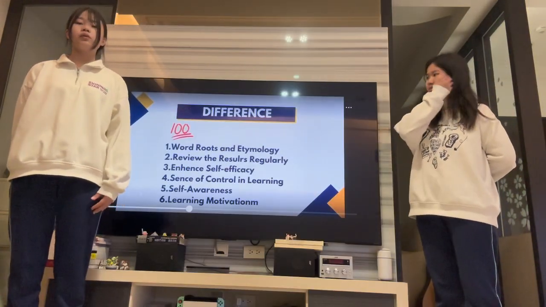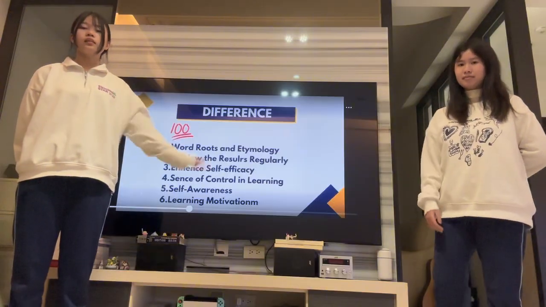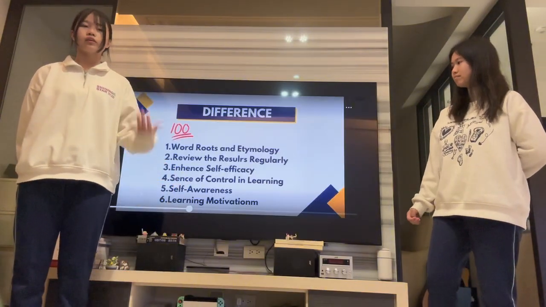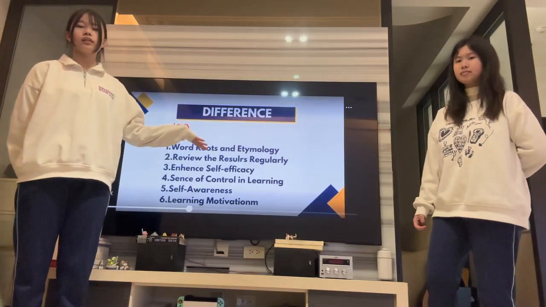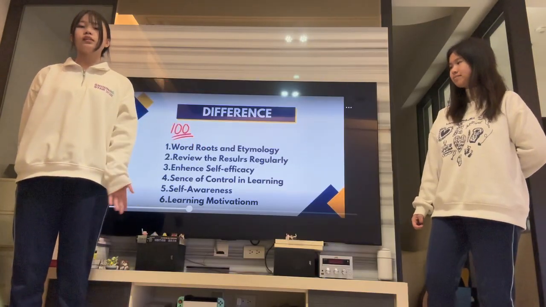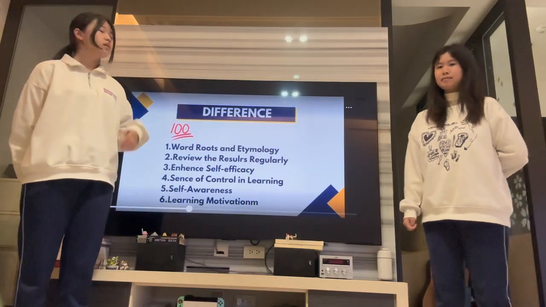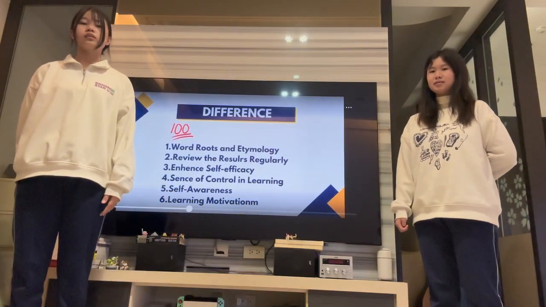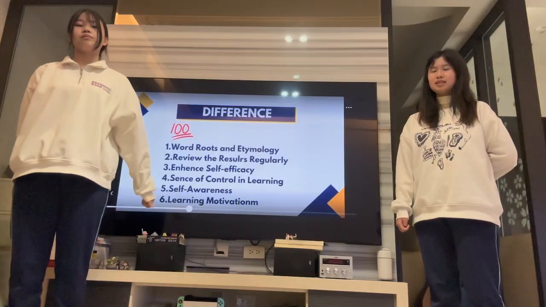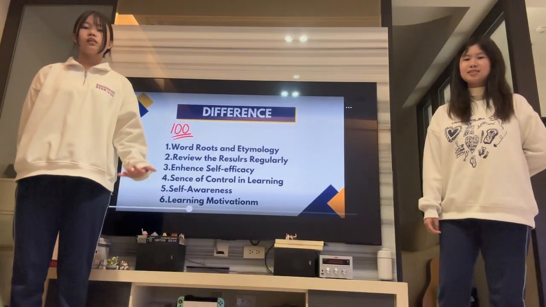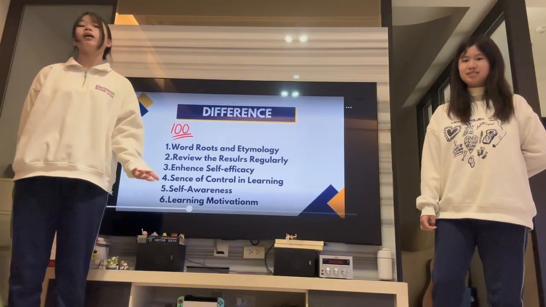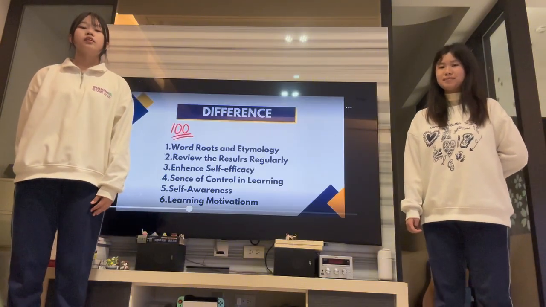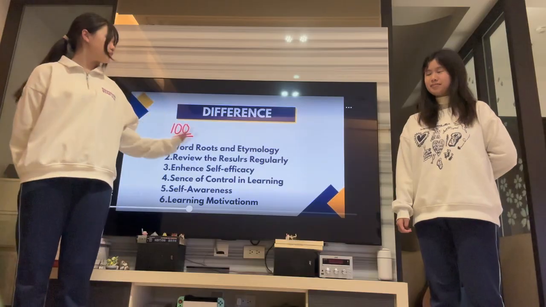The next point we want to make is the difference between the characteristics and strategies of students with strong English skills versus those with weaker skills. The key difference is not intelligence, but methods and mindset. So the first point is high achieving.